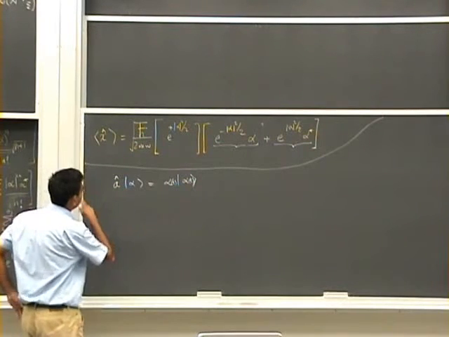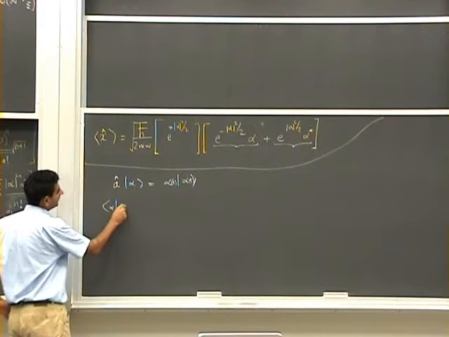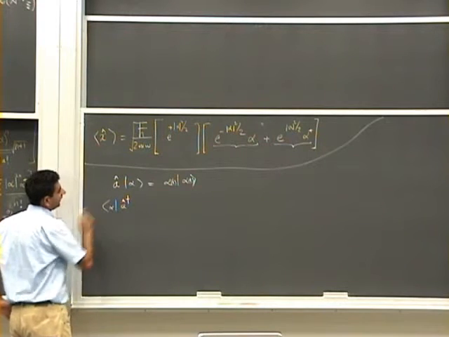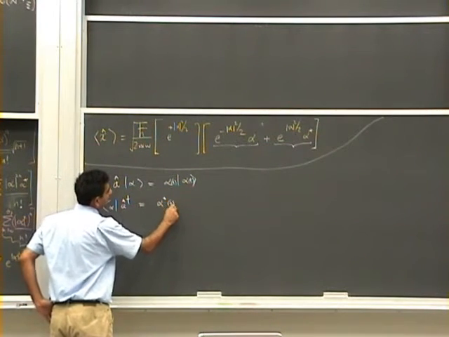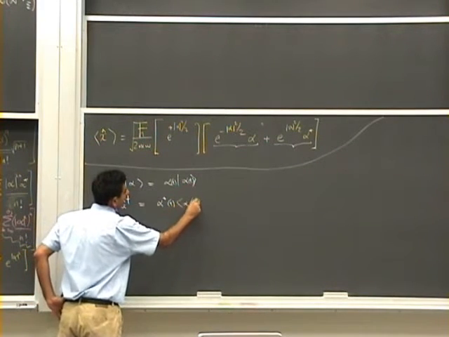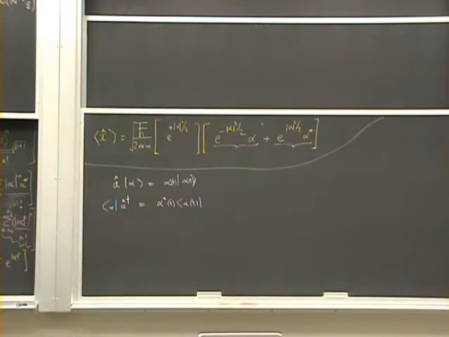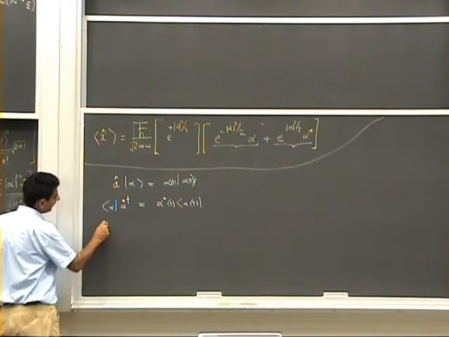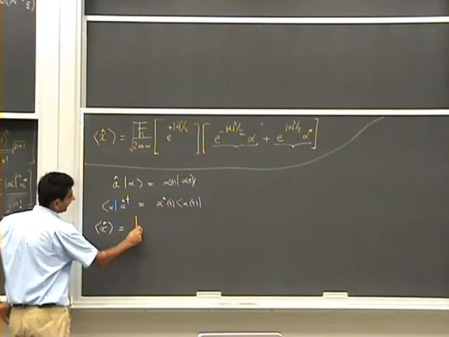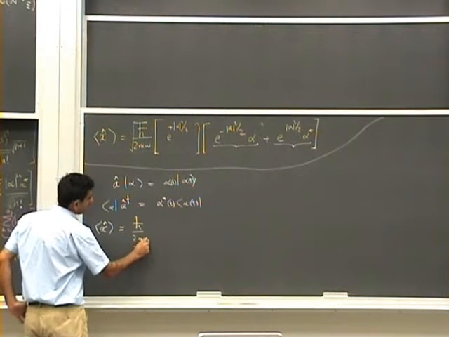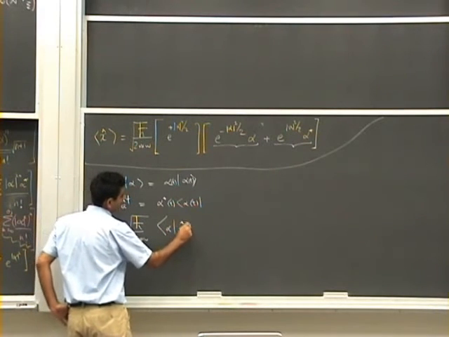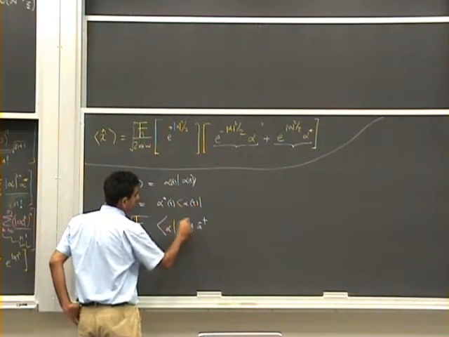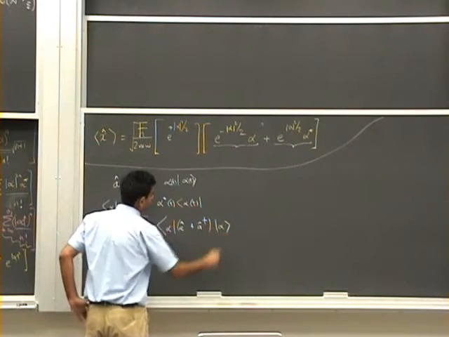Okay, if I take the dual of this, I have alpha A dagger. This is the complex conjugate, alpha star of t. Okay, so if I want to find the expectation value of x, I can write h bar over 2m omega, alpha A plus A dagger alpha.